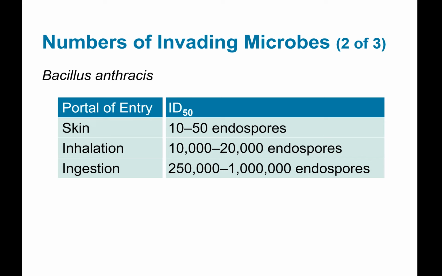So here's a good example for portal of entry and ID50 combined. Generally, a lot of microbes only have one preferred portal of entry that they can use. For example, influenza only uses the respiratory mucosa.